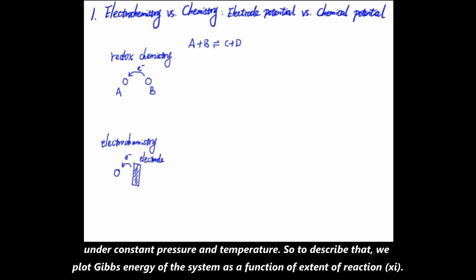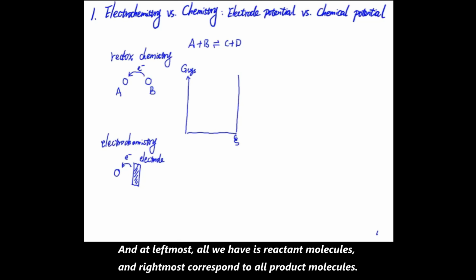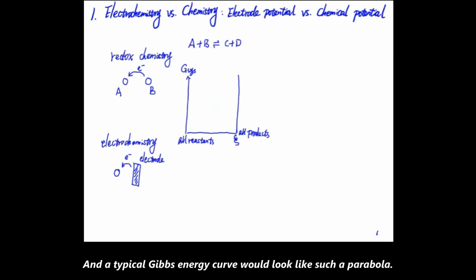To describe that, we plot Gibbs energy of the system as a function of extent of reaction psi, and at leftmost we have all the reactant molecules, and rightmost corresponds to all the product molecules. And the typical Gibbs energy curve would look like such a parabola.